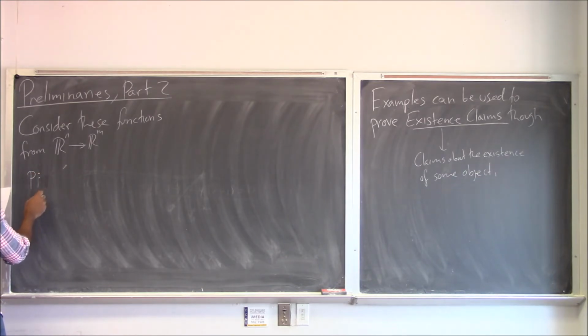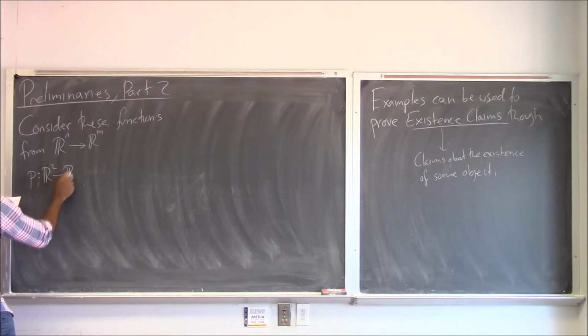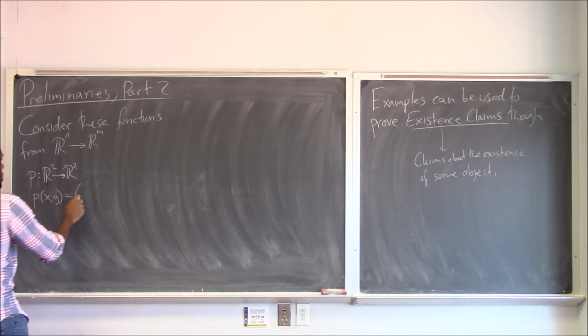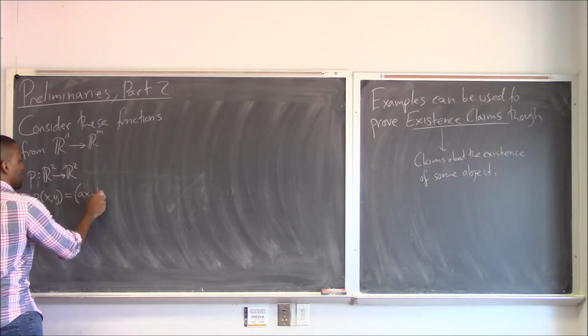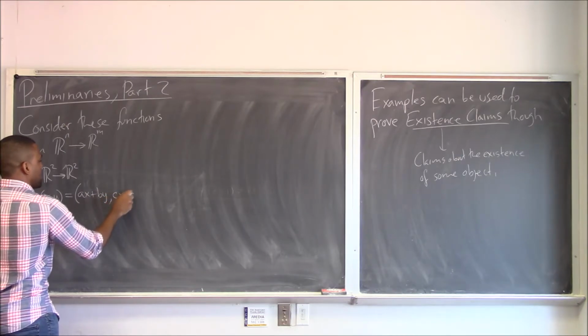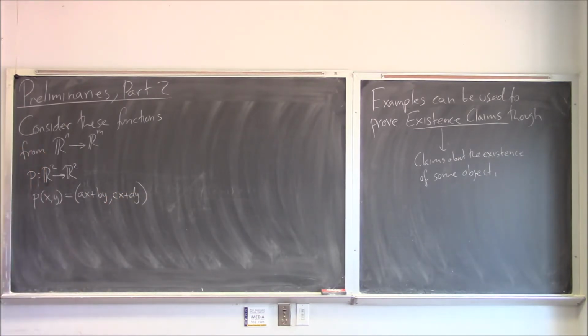It goes from R2 to R2. Right? So that's the domain. It takes 2-dimensional vectors, and it outputs 2-dimensional vectors in the following way. Plug in the vector (x, y), the output is going to be (ax + by, cx + dy). Right?